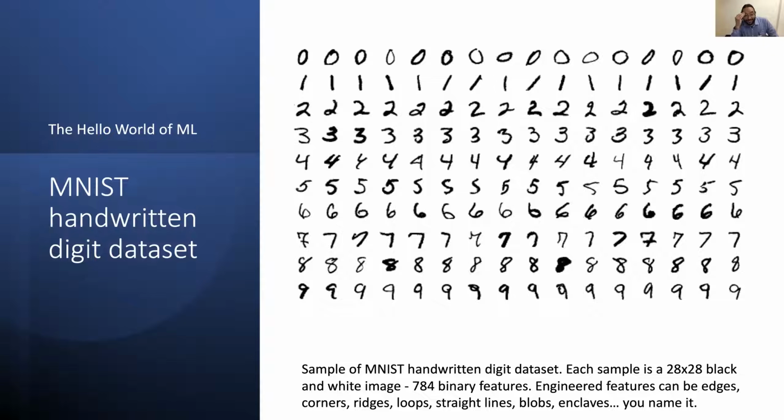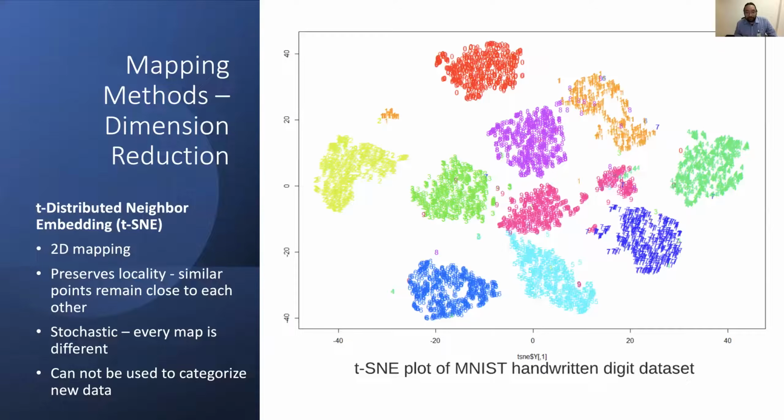So let's dive in. Let's look at this data set, and let's look at some mapping methods. This is the next major class of feature selection. It's dimension reduction. It's not actually feature selection. What I mean by mapping methods is that they take your native features and transform them. They change their representation.